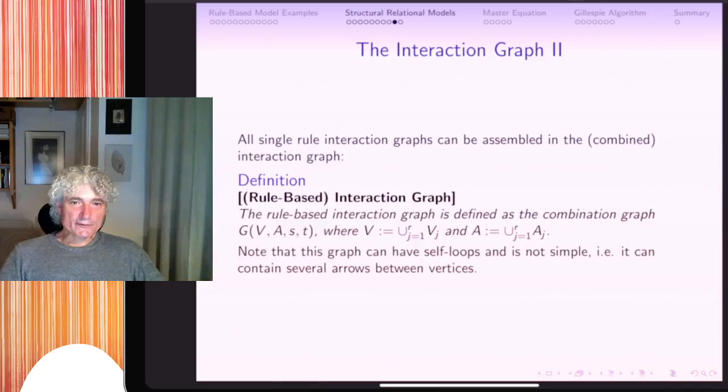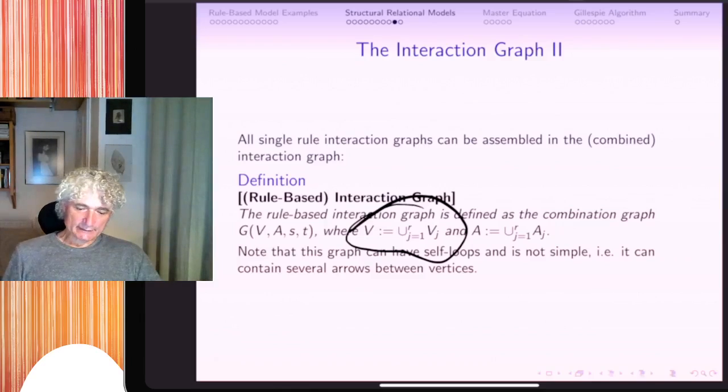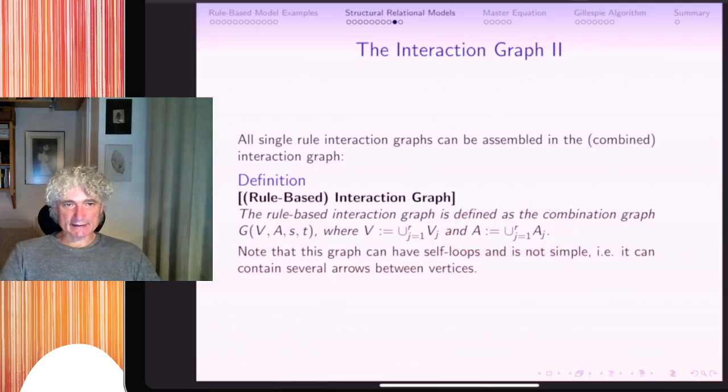Now, as I said before, this was something that was defined for each reaction or rule, and now we combine all these individual arrows into a large interaction graph, and this we do just by looking at the total vertex set, which will be the union of all these Vj vertex sets, and then we also combine all the arrows by looking at the unions of all these arrows.